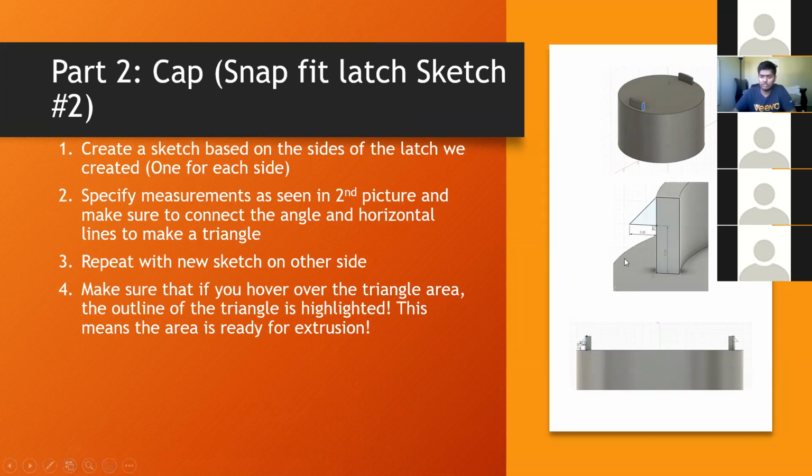That's going to be this little rectangle triangle section right here. So we're going to have to specify the measurements in the second picture, and we're going to mirror that on the opposite side, like in this picture right here. So let's get to it.